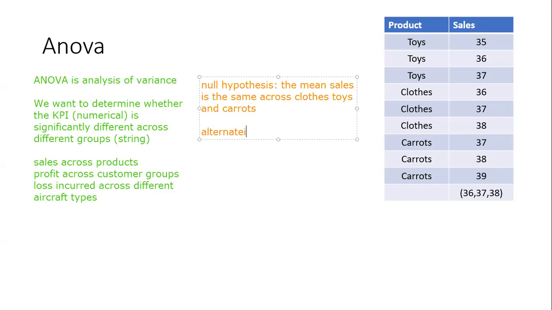And what is the alternate? The mean sales is different across clothes, toys, and carrots.